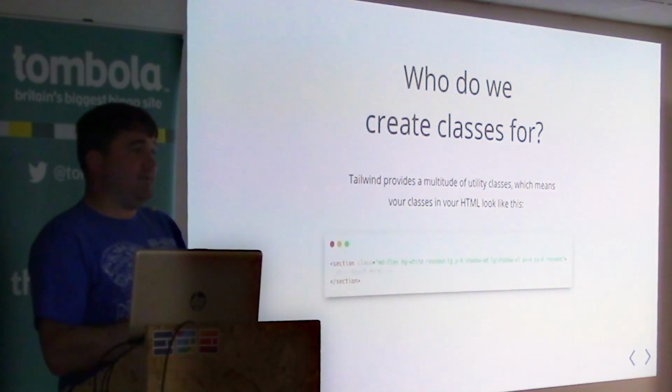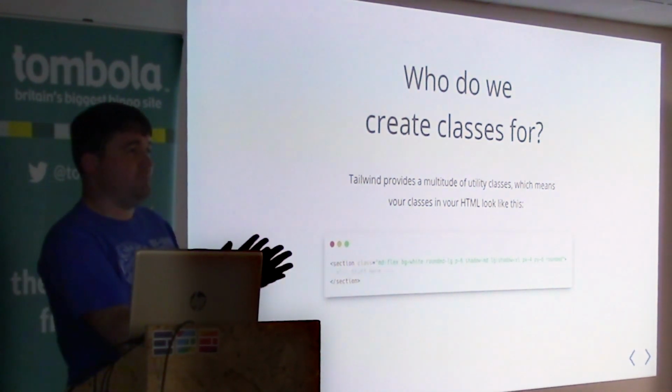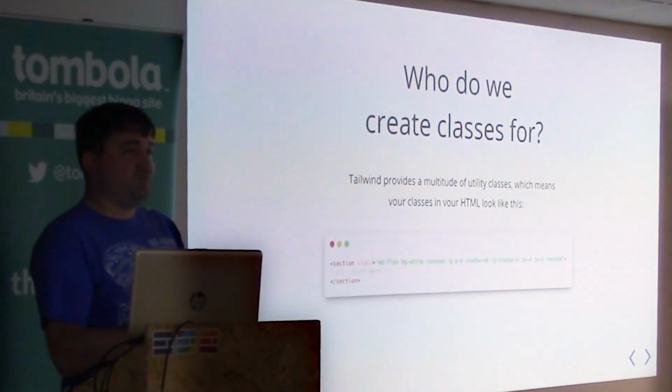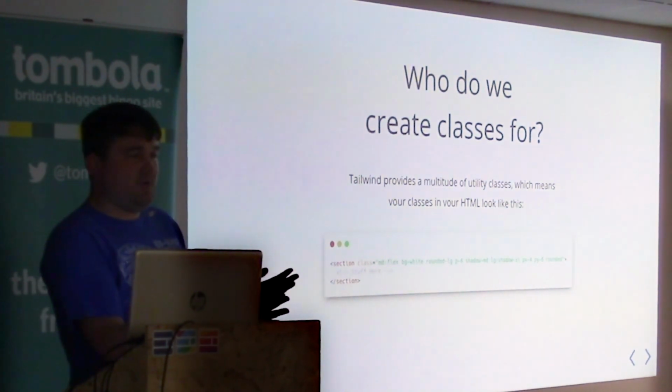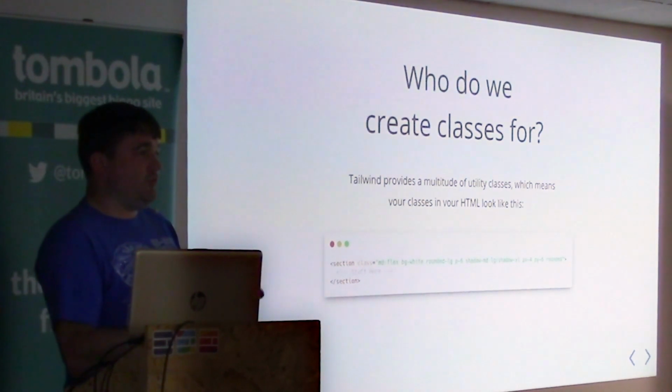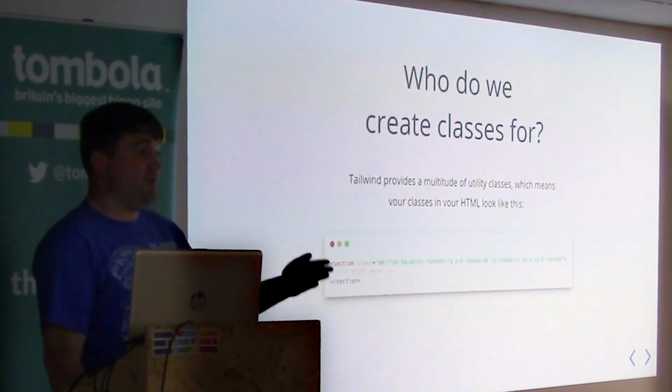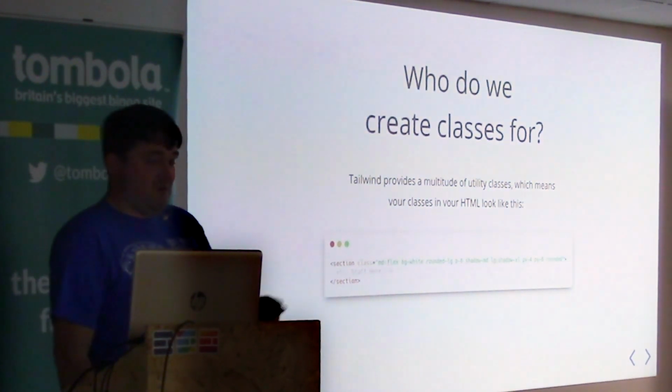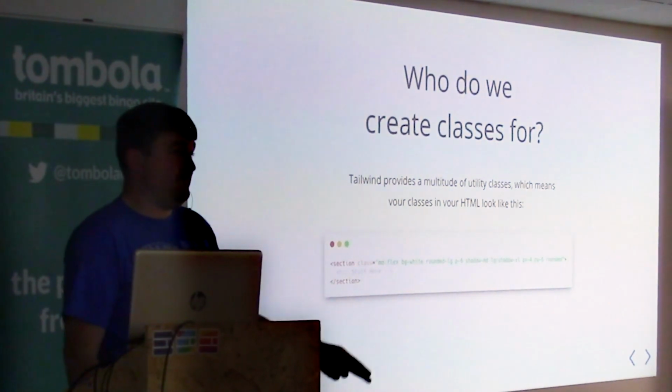And if you have a class that just says button, what's that describing to you? It's just saying this is a button. But how do you know what the button looks like? How do you know what the button does when it's on a different size screen? Or how do you know what it does when you hover over the button? And the fact is you don't, unless you go into the CSS and look at it.